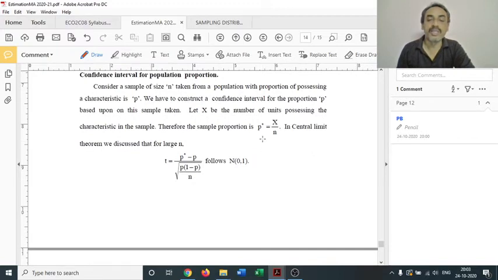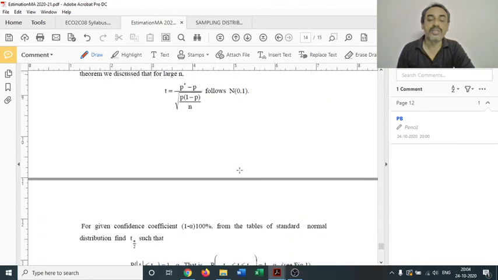Here P star is taken as the sample proportion and P is taken as the population proportion. So using the result that the binomial distribution tends to the normal distribution, we have the property that t equals (P star minus P) divided by root of P into 1 minus P divided by n follows N(0,1).